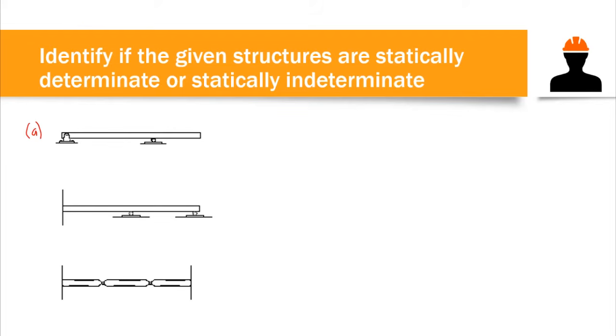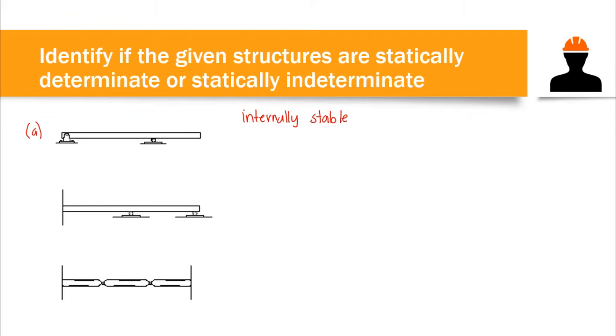So if we omit the support, it would remain its shape, a horizontal beam. Since we do not have internal hinges, it would maintain its shape. That means this is an example of an internally stable structure.